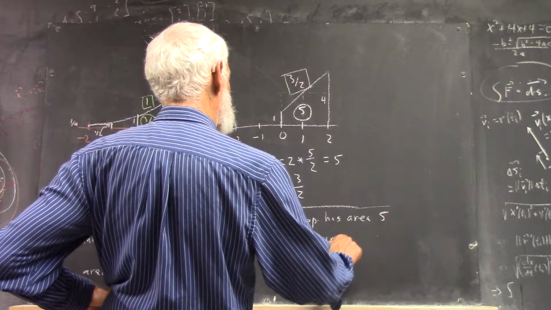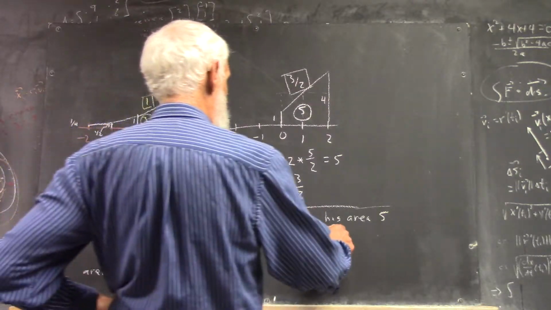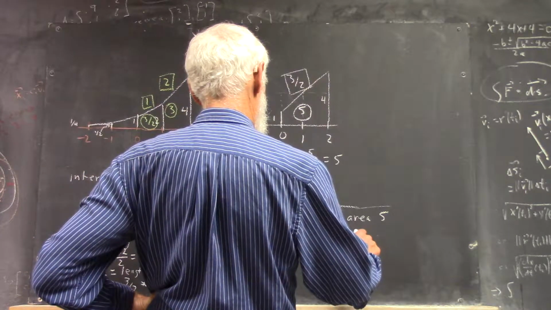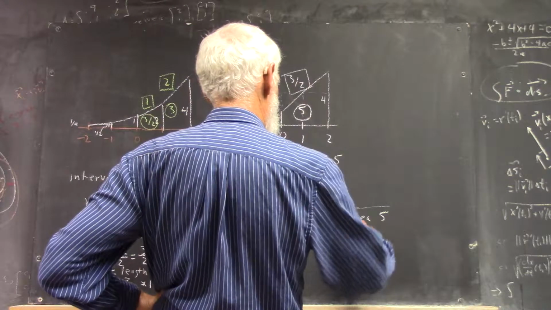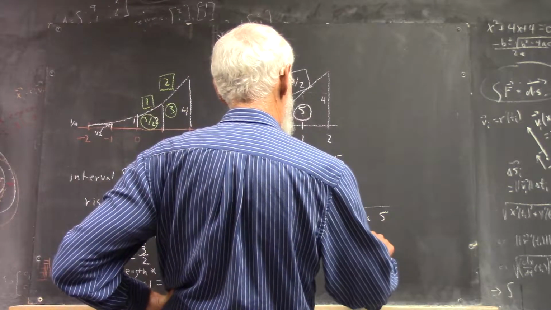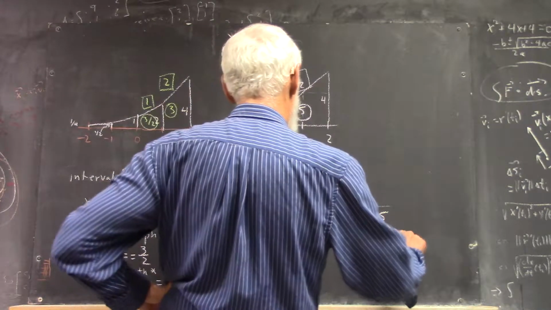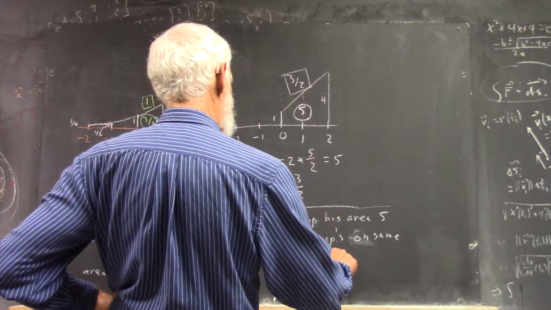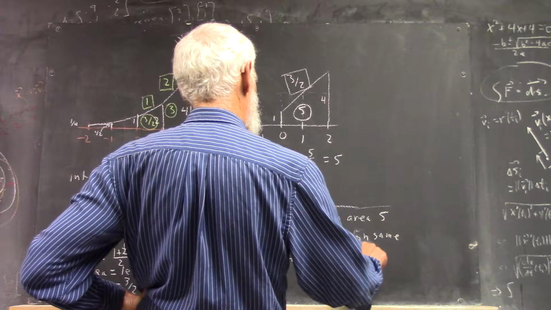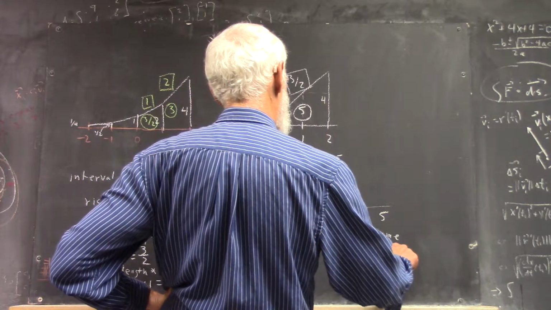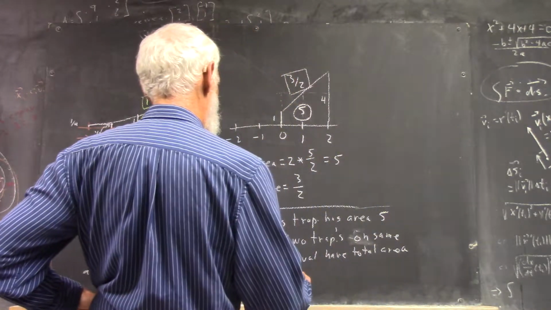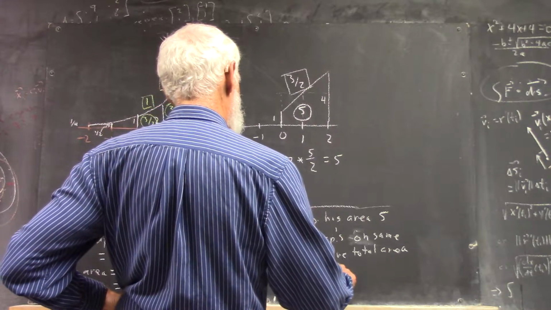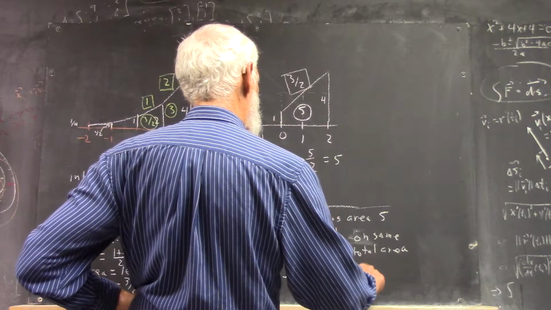The two trapezoids on the same interval have total area 3/2 plus 3 equals 9/2 equals 4.5.